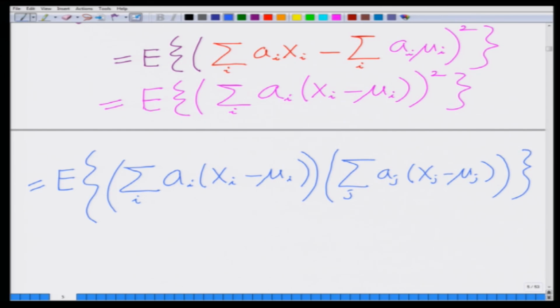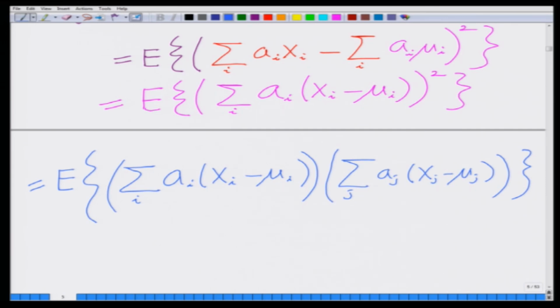So, the expected value of summation over i of ai xi minus mu i whole square is expected value of summation over i of ai xi minus mu i times the summation over j of aj xj minus mu j.